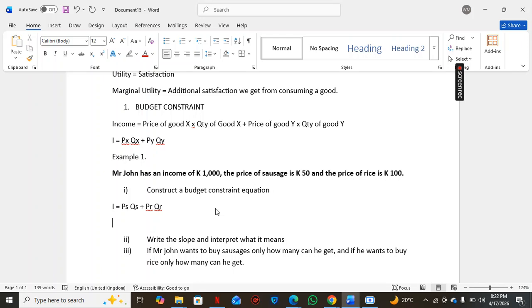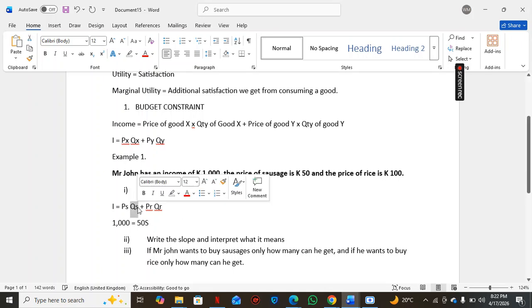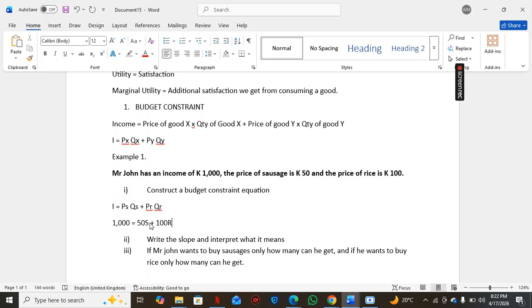So the income is 1,000 kwacha. The price of sausage is 50 kwacha, so you say 50S, where S represents the quantity of sausages. Plus the price of rice is 100 kwacha, so 100R, where R represents the quantity of rice.